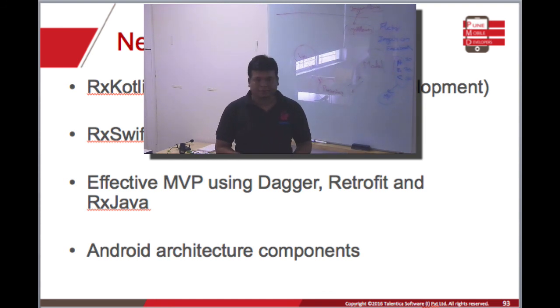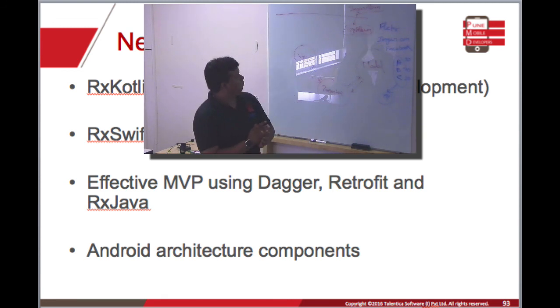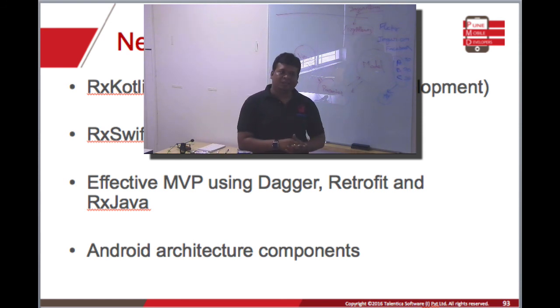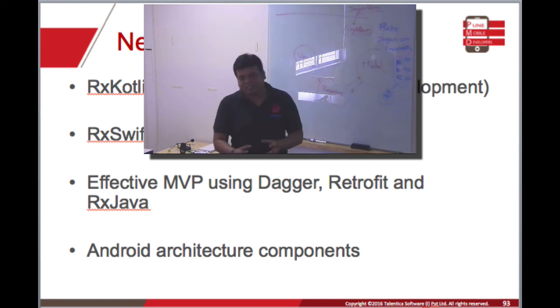How different is it from data binding? What we see is that an observer will observe some change in the model and data binding does the same. Data binding, you're talking about the MVVM sort of thing. It binds the data. If the data model updates, it will update the view.